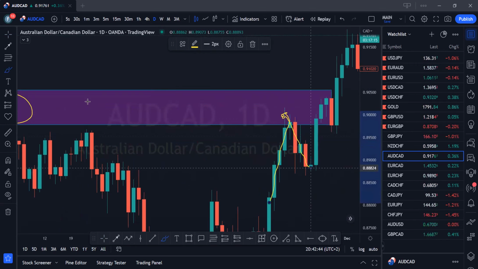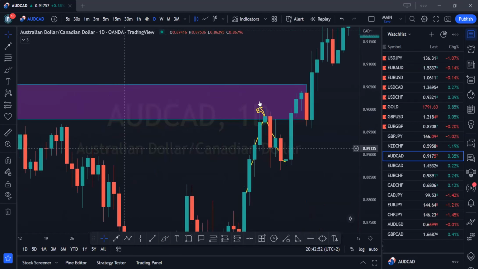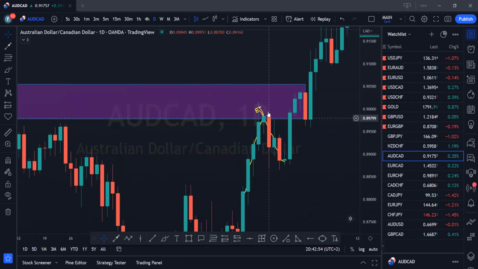So we are using what happened in the past to figure out the possible scenario for what will happen in the future. Support and resistance helps you to have some form of prediction, to know where to buy or where to sell. This is the most basic form of technical analysis, right?